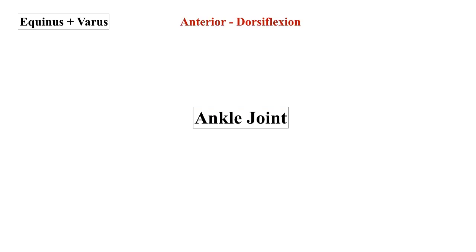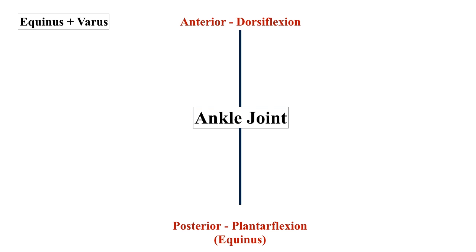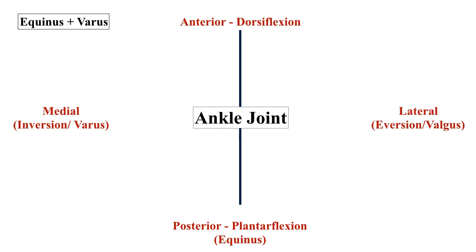Central is the ankle joint. Anteriorly, you dorsiflex. Posteriorly, there is plantar flexion. This is the axis which divides into medial and lateral side. Medial side is inversion and lateral side is eversion, and connect these two axes to form the four quadrants.